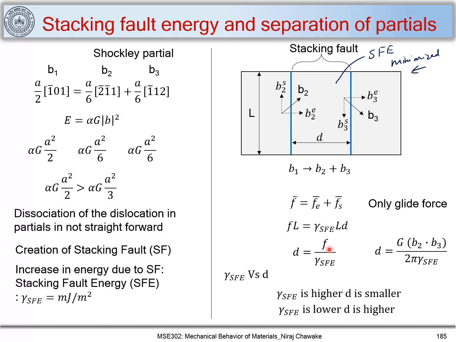So when a material has higher stacking fault energy, the separation between the two partials will be smaller. When gamma SFE is lower, D will be higher. So when a material has lower stacking fault energy, the separation between the two partials will be higher. This is a very important point.